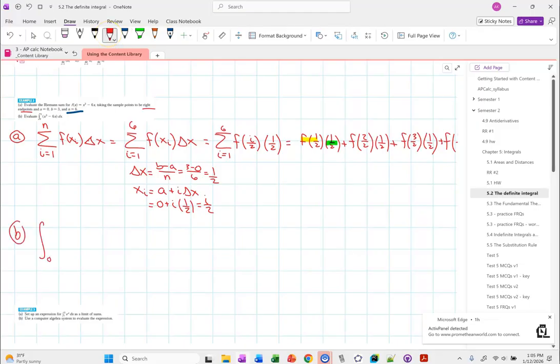Step B wants us to calculate this integral.